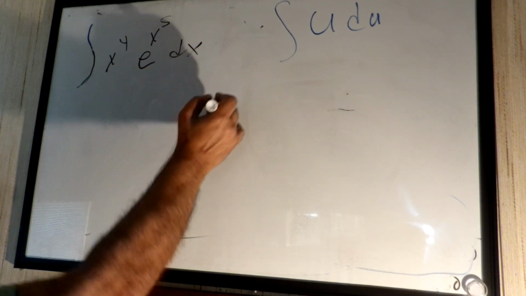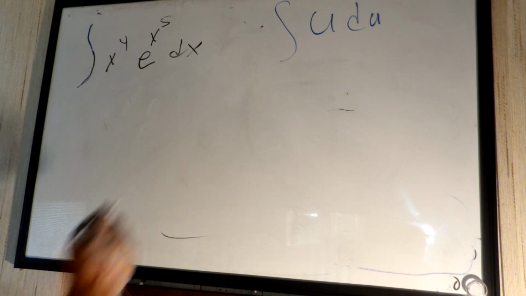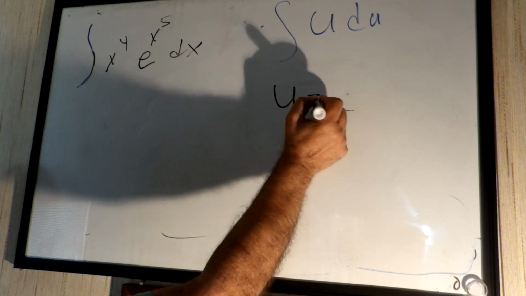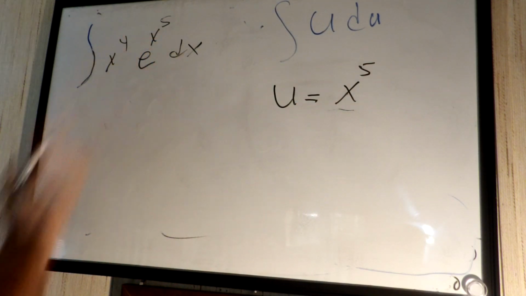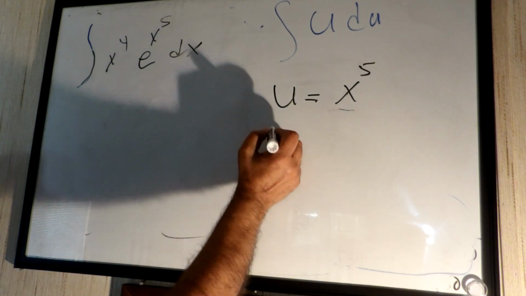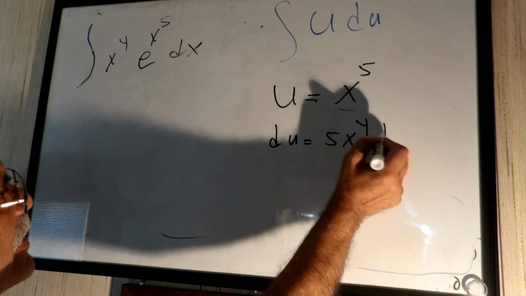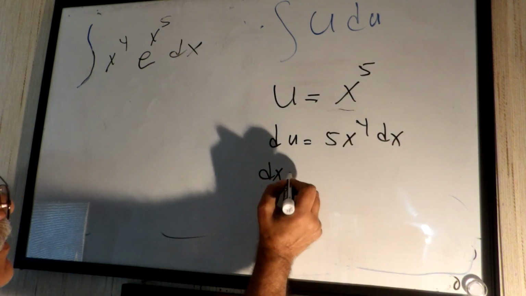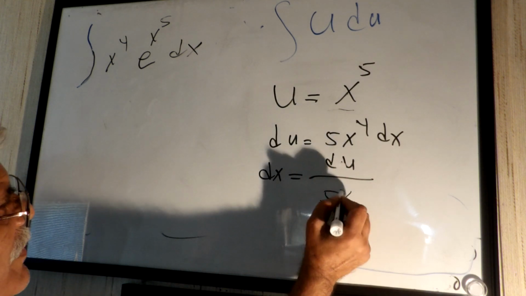So for the x, we have to use u as x to the power of 5. Then du is equal to 5x^4 dx, and dx is going to be du over 5x^4.